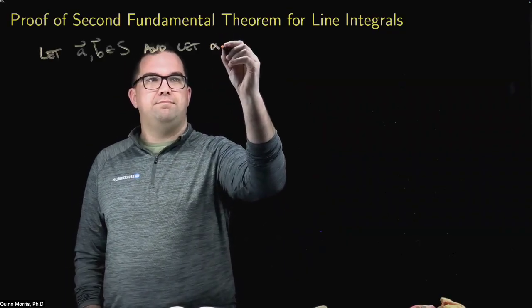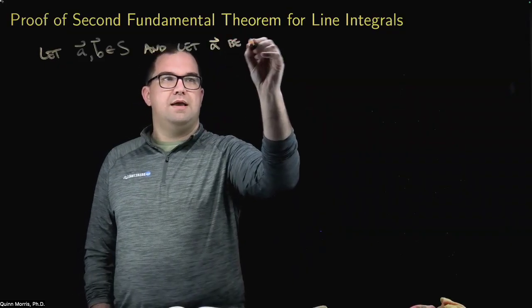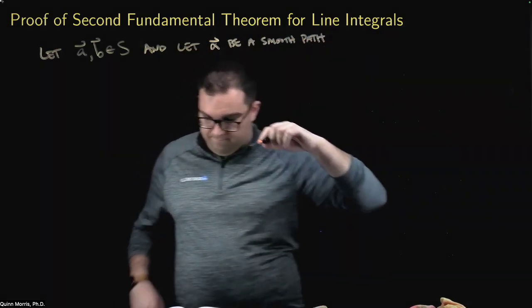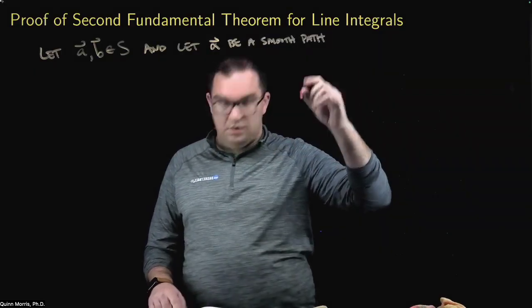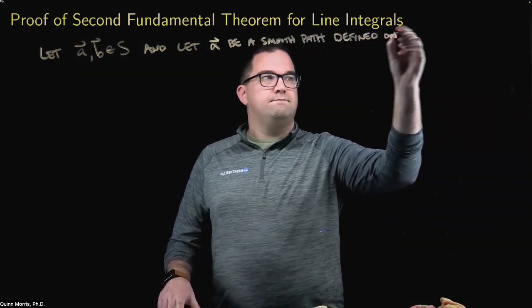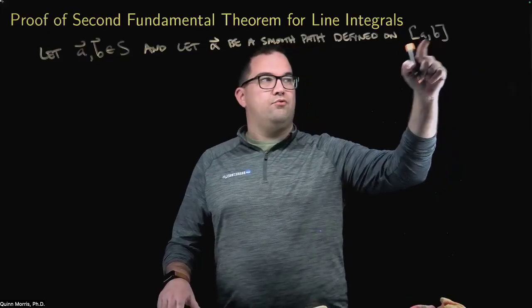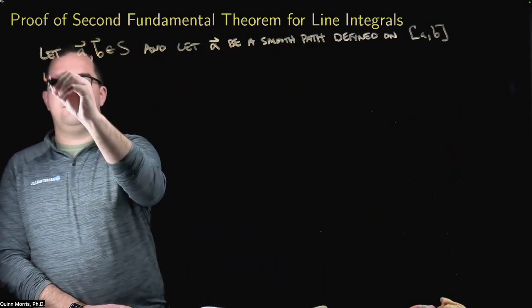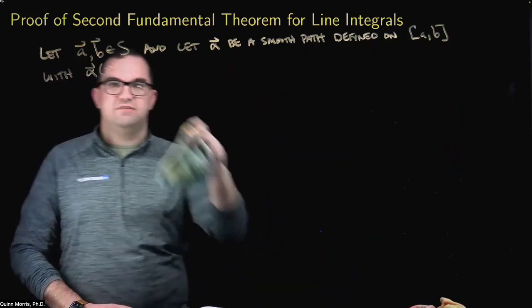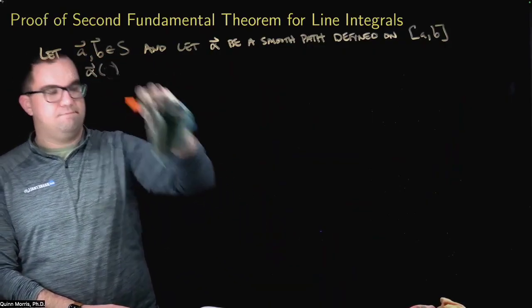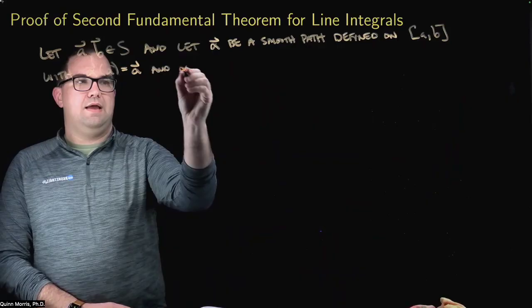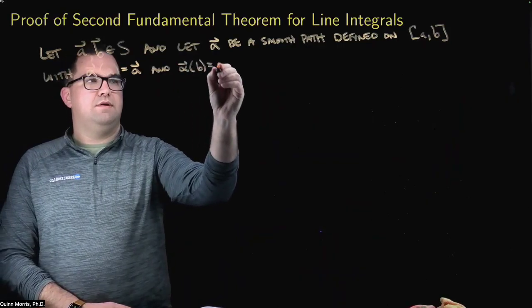So let alpha be a smooth path defined on the interval [a, b], with alpha of scalar a equal to vector A, and alpha of scalar b equal to vector B.